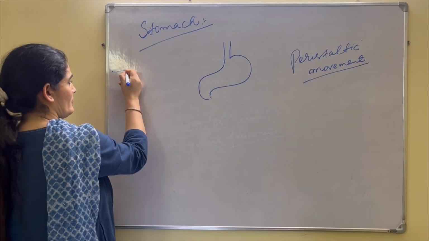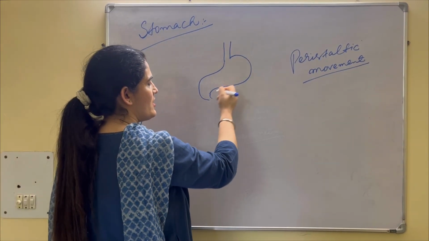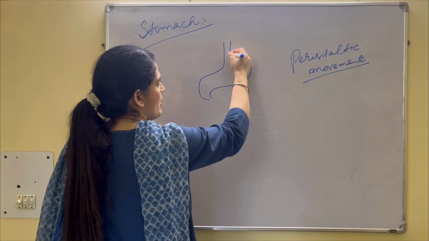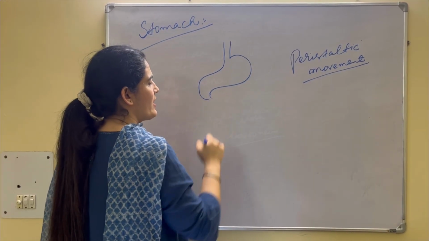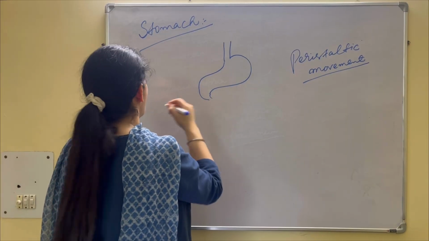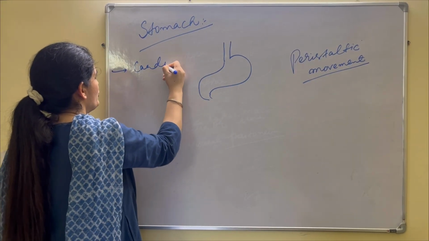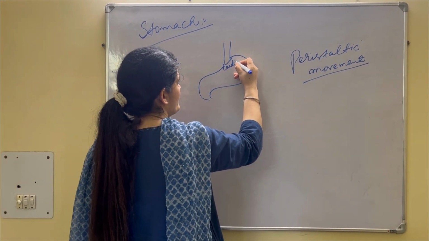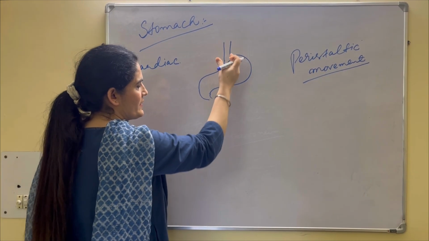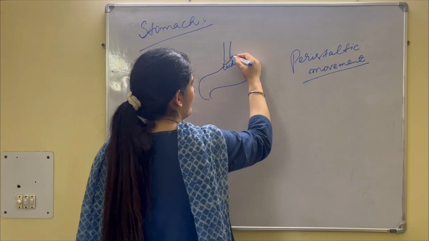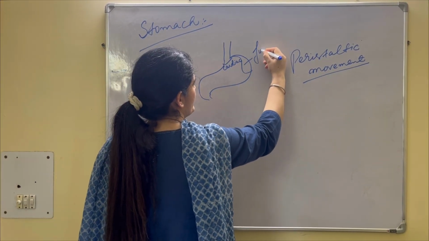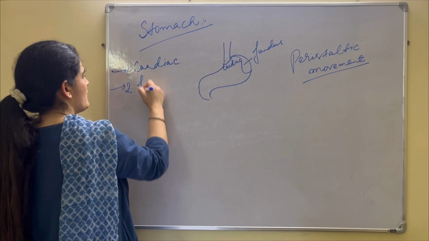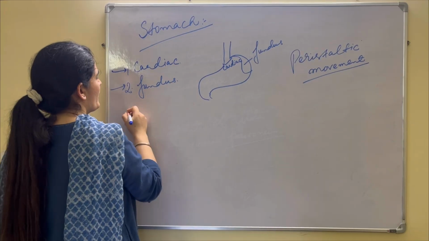Here, if we see the stomach, this esophagus just continues into the stomach, and now stomach is also divided into some parts. First of all is the cardiac part, where esophagus enters into the stomach, and then we have the upper portion, fundus.